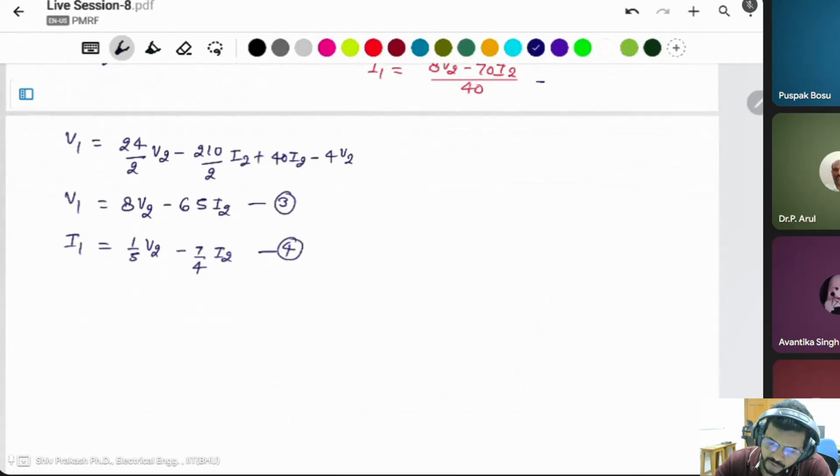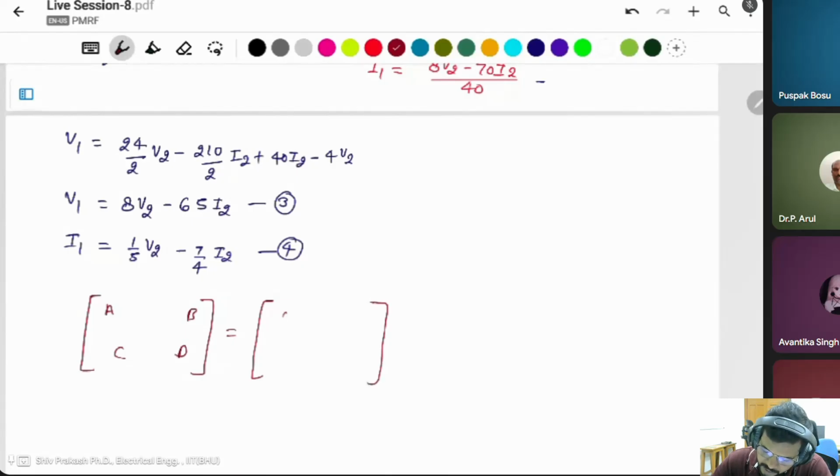From these two equations you can say the ABCD parameter is, this is 8, minus 65, this is 1 by 5, minus 7 by 4.